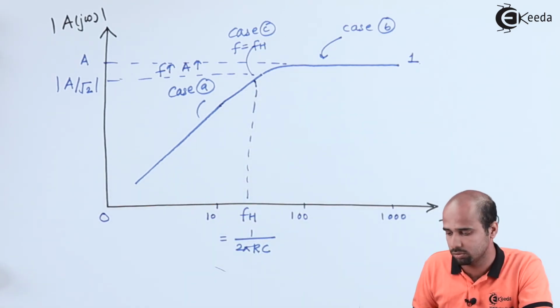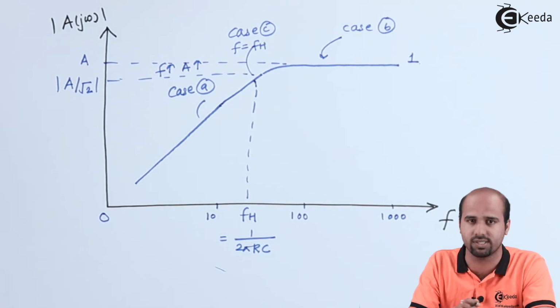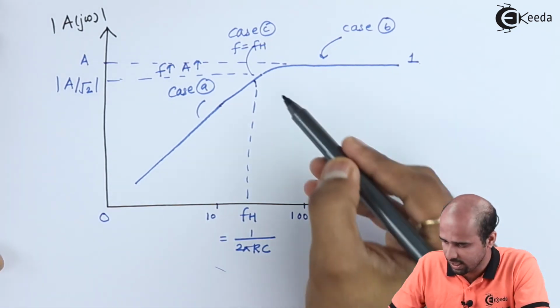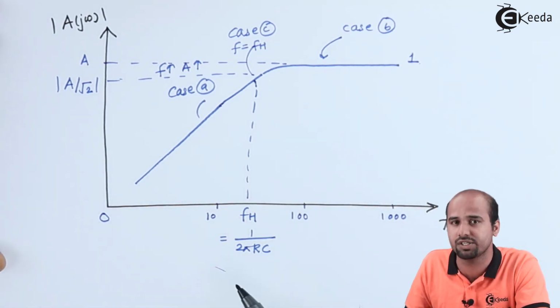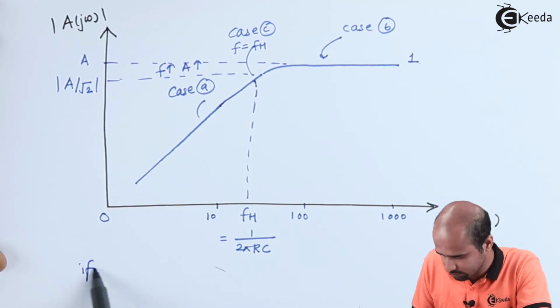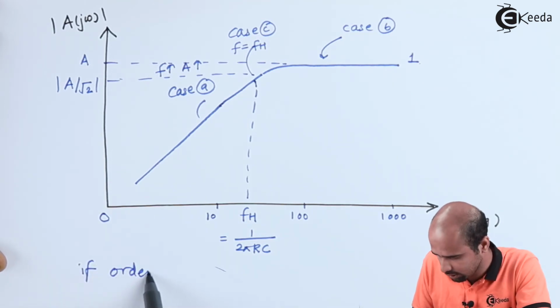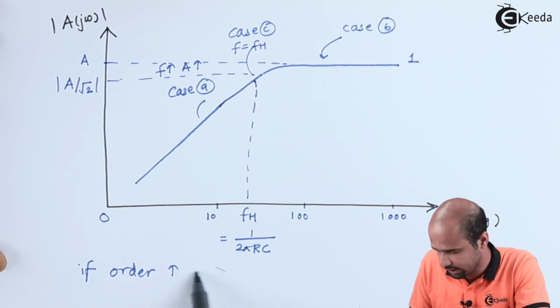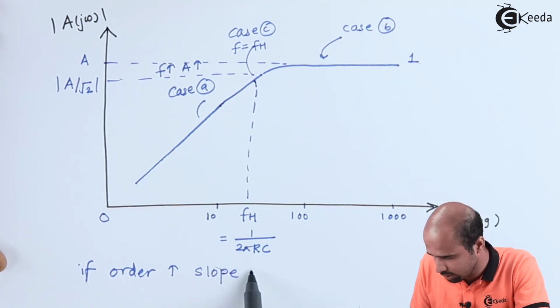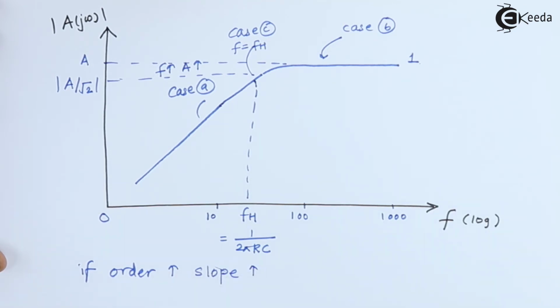Now, how to get the accuracy? Accuracy will increase if I increase the order. If order increases, then slope increases. If slope increases, then characteristics tend towards the ideal one.